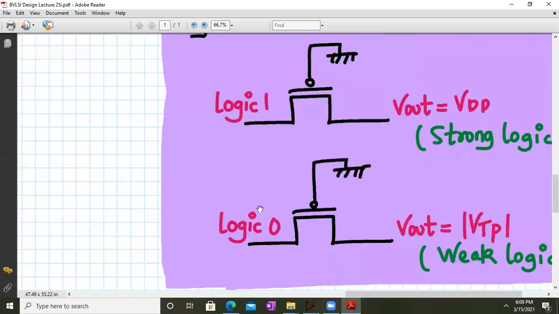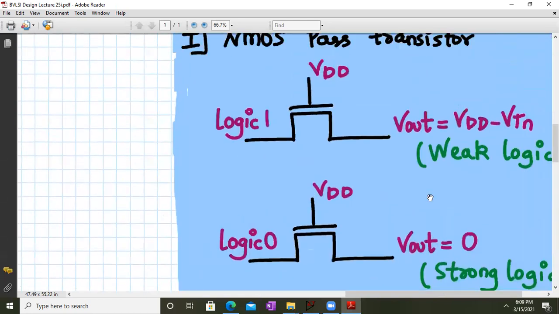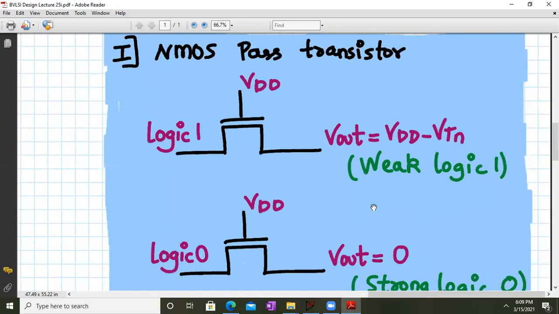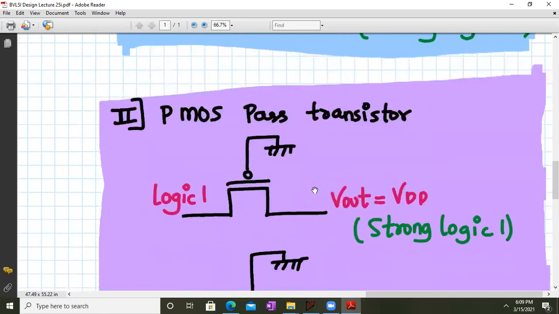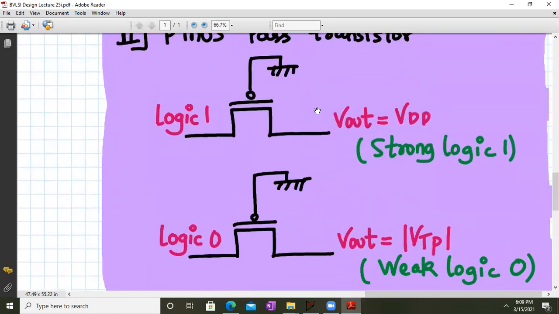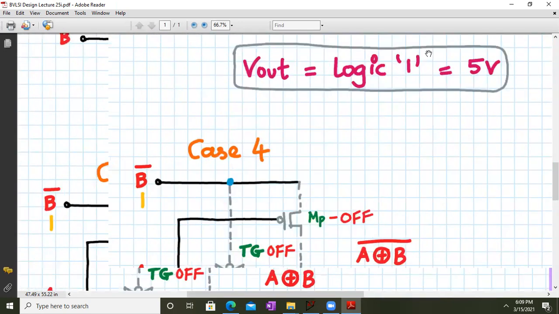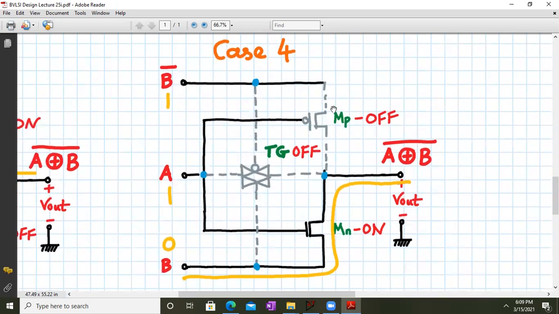I have written this in summary over here. Let us see it quickly. An NMOS pass transistor passes logic 0 very strongly, and it passes a logic 1 in a weak fashion, a weak logic 1. Whereas a PMOS pass transistor passes a strong logic 1 but a weak logic 0. So this confirms our belief in cases number 1, 2, 3 and 4.